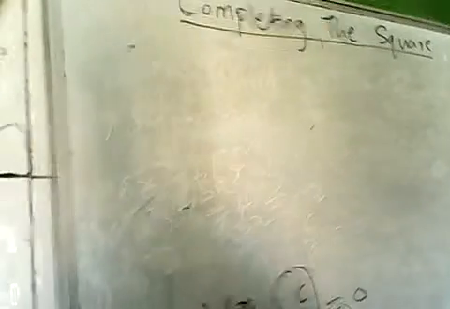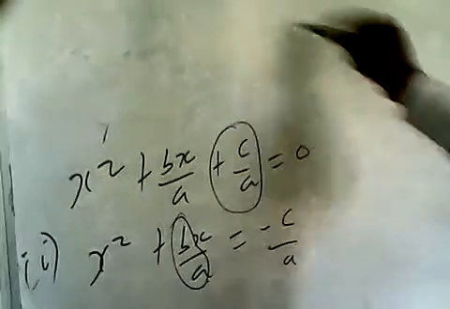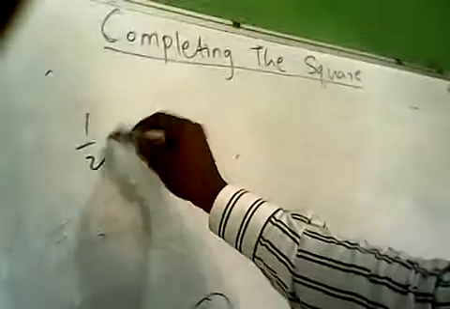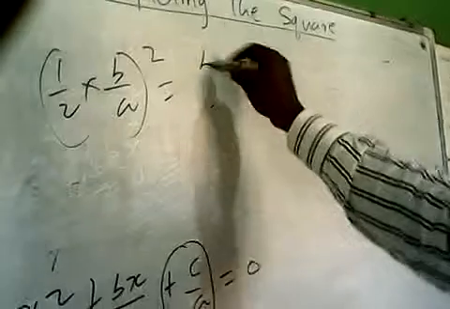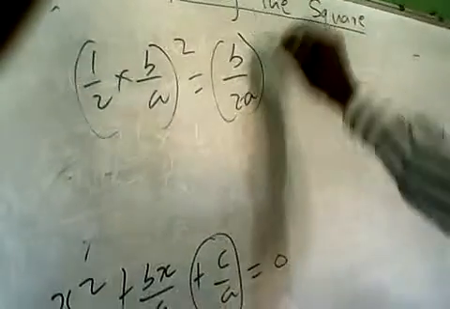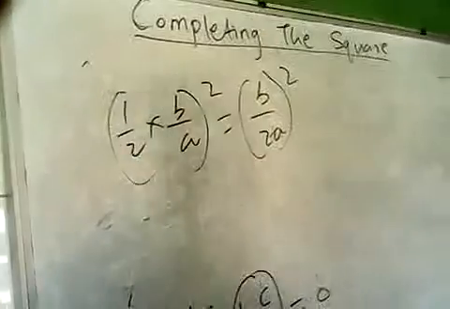Now the third step is to add the square of half of the coefficient of x to both sides. That is b over 2a all squared. We have to add that to both sides.